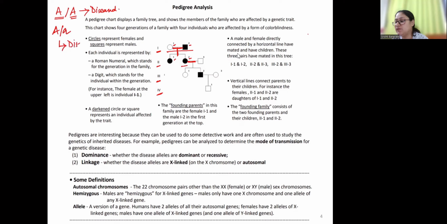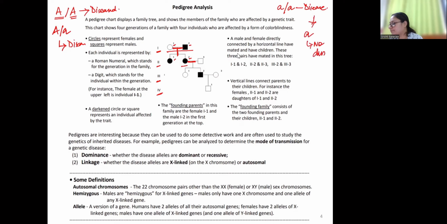That is the concept of dominance, that one single allele is capable of showing the phenotypic effects of the particular trait. And second is recessive. Recessive means that only if the trait is aa will it be diseased, because it needs two of the same alleles to produce the disease. A alone is not capable of causing disease.